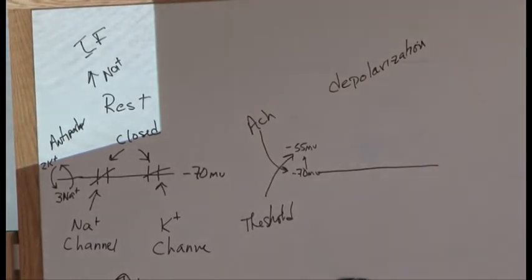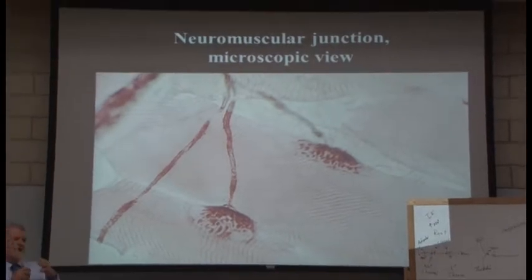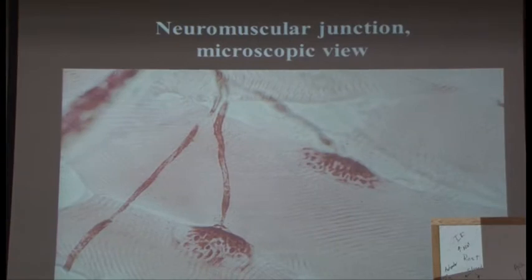Right, so one thing we're going to do in lab on Wednesday, tomorrow, is look at muscle tissue, and it'll give us a chance to review the characteristics of smooth muscle, skeletal muscle, and cardiac muscle.